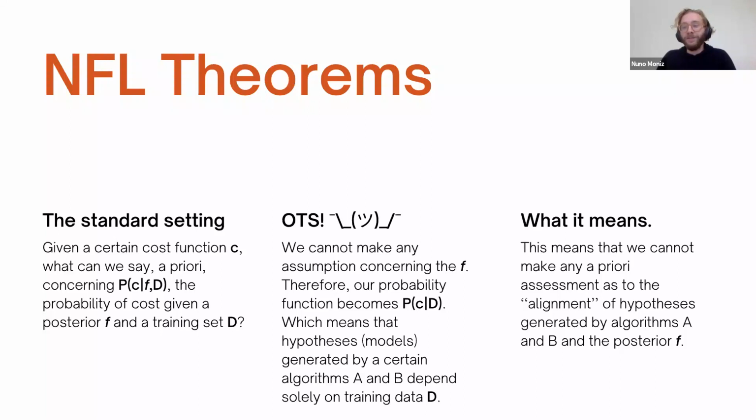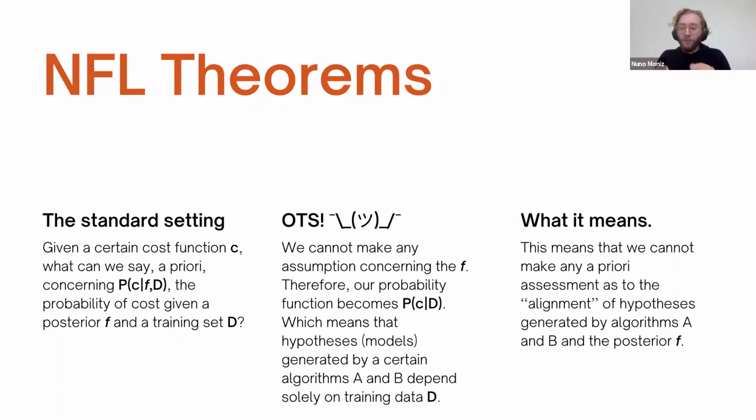the training set D. This is a standard setting, what we usually apply and use and assume. But if we look at this from the off-training set generalization, there's no possible way for us to make any assumption concerning that function, that posterior, okay? So our probability function becomes just the probability of cost depending on the data that we have, the training data, okay?